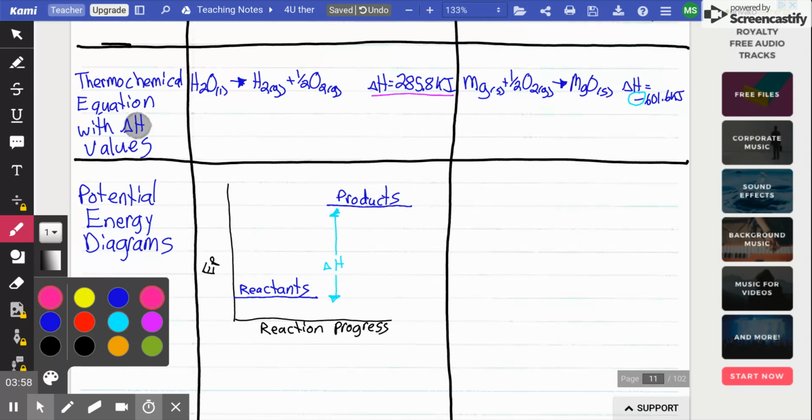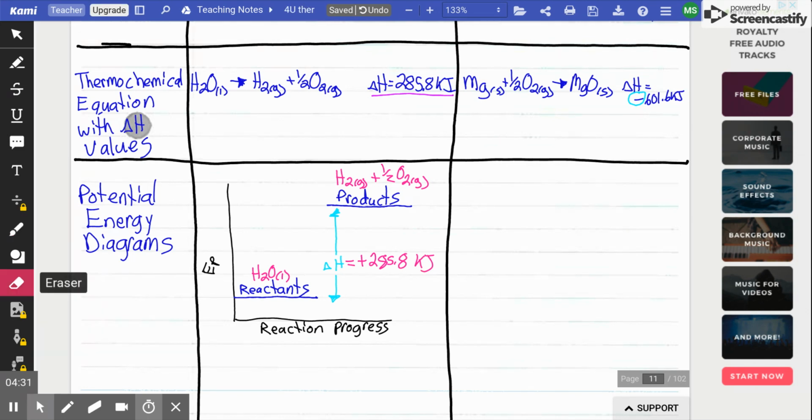So if we were doing it for electrolysis, we would actually write in liquid water up here, and here we would write hydrogen gas plus half an O2 molecule, and we would write delta H equals plus 285.8 kilojoules. And I just realized I've made a big mistake up here. Oh no, never mind. I did not. So that is a potential energy diagram for a endothermic reaction.